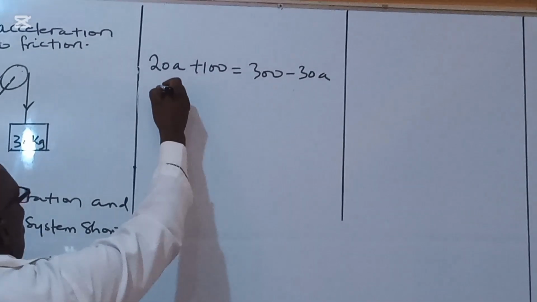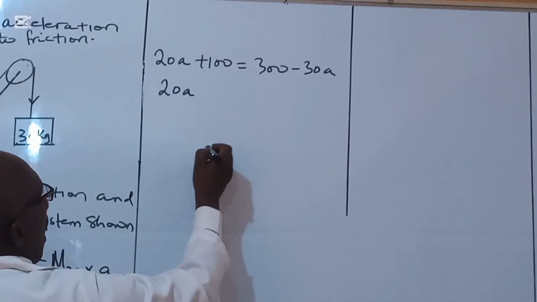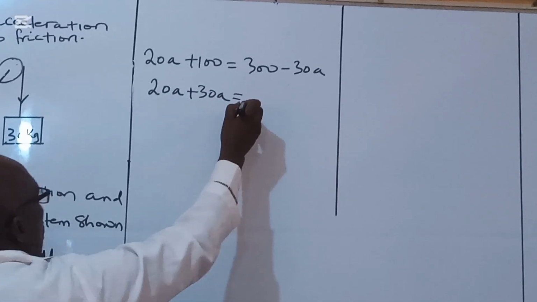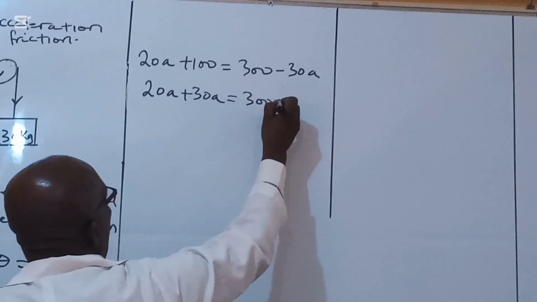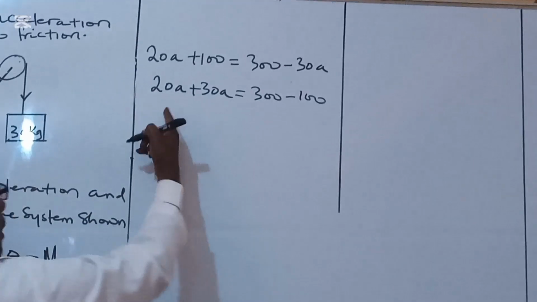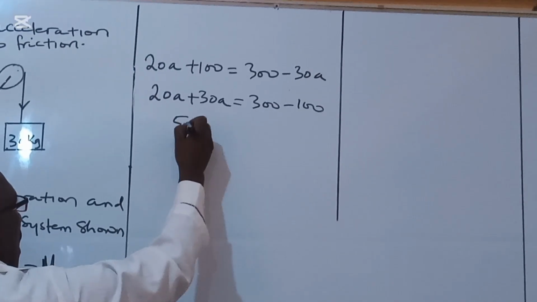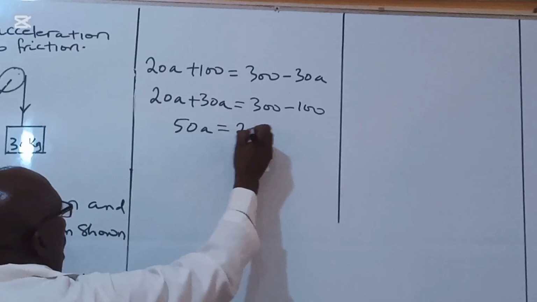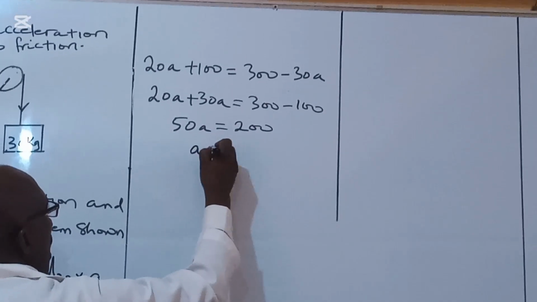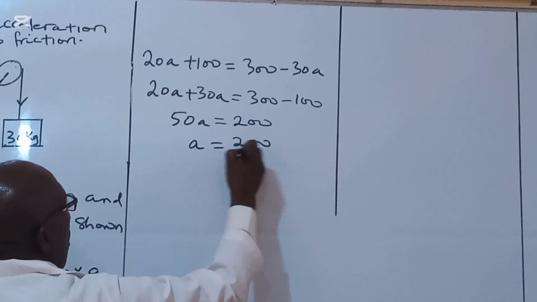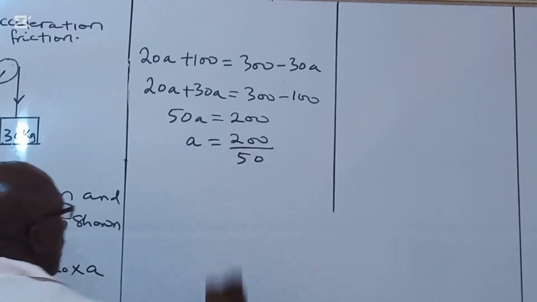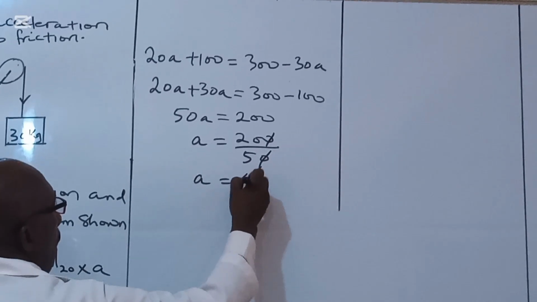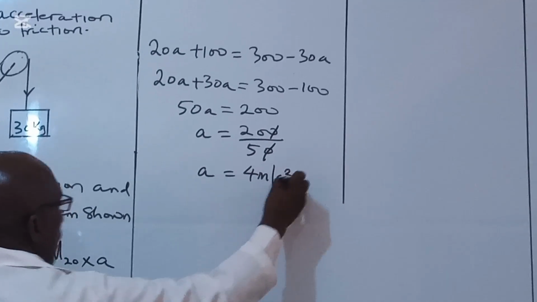I will have 20A plus 30A is equal to 300 minus 100. Now 20A plus 30A will give me 50A is equal to 300 minus 100, which gives me 200. Therefore, A is equal to 200 divided by 50. Cancel out. A is equal to 4 meters per second squared.